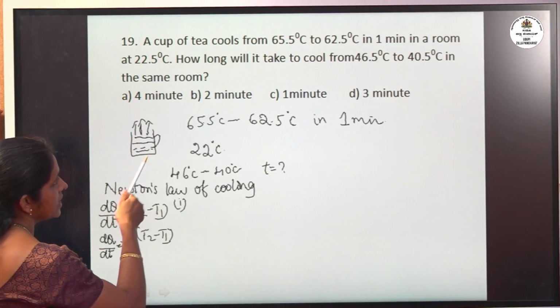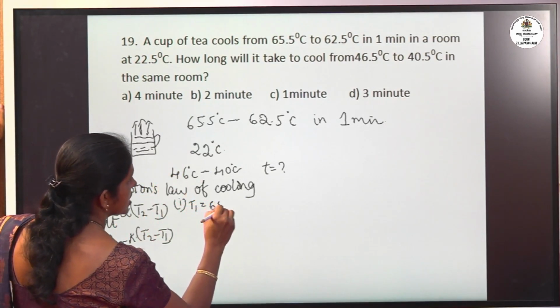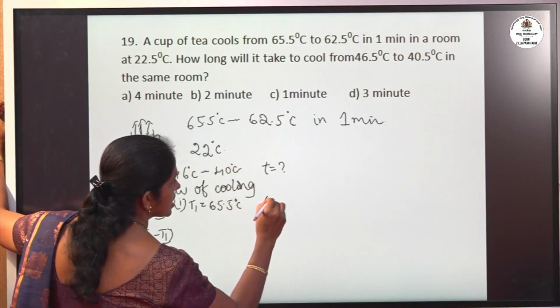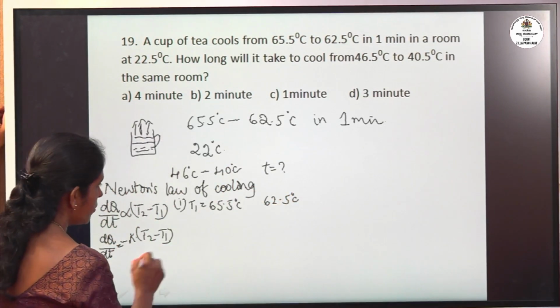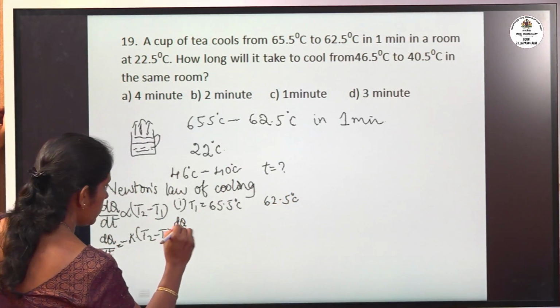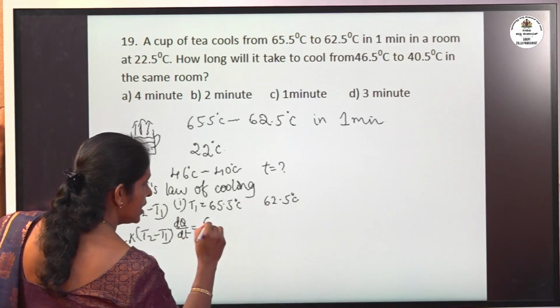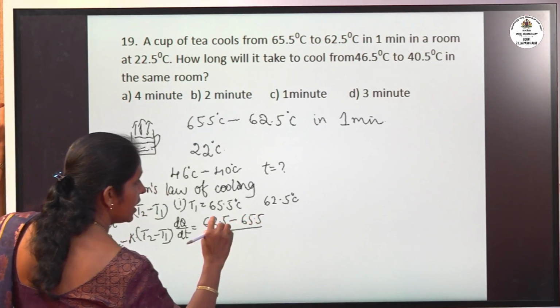In the first case, the initial temperature of the system is 65.5 degrees Celsius and it reduces to 62.5 degrees Celsius. Therefore, rate of cooling dQ/dt we can calculate as final temperature minus initial temperature divided by time taken.